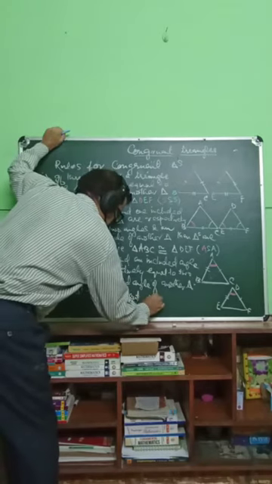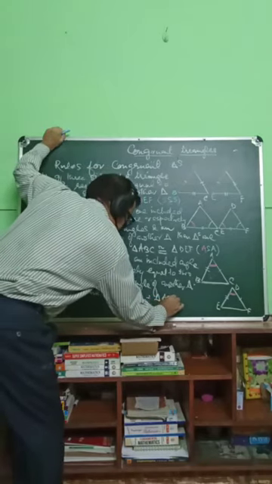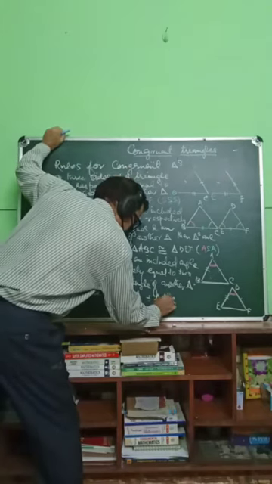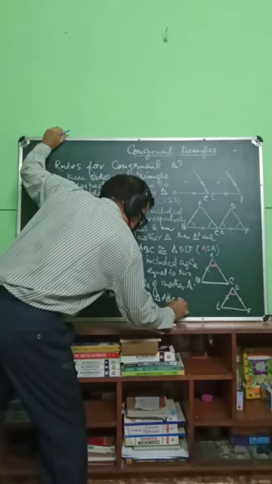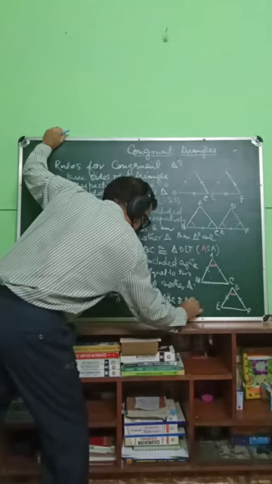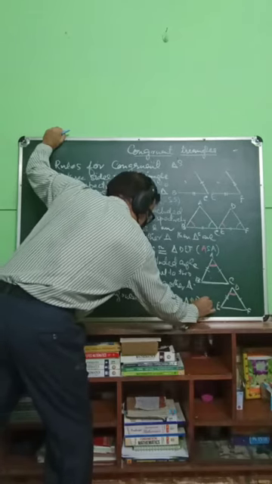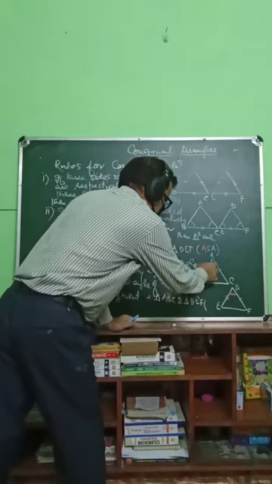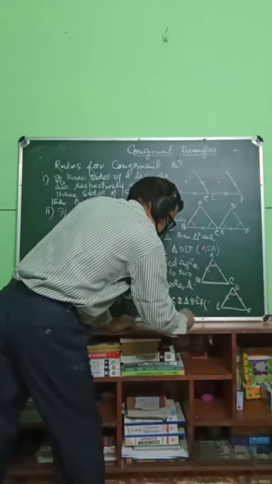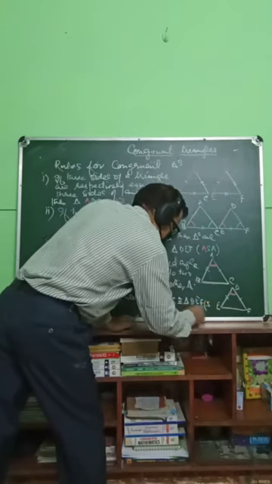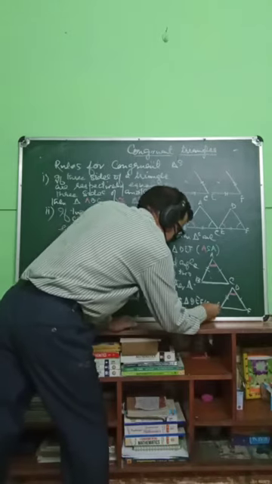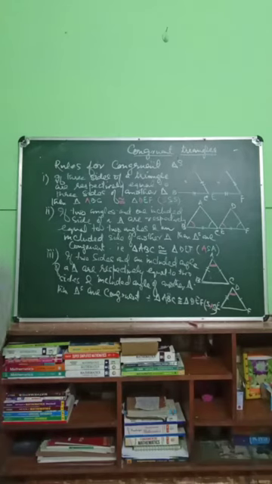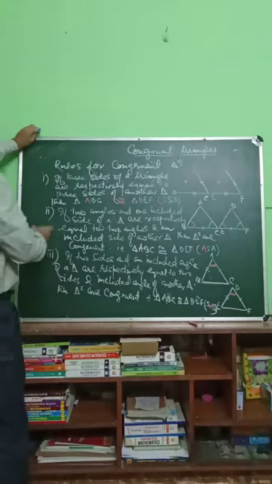Therefore triangle ABC is congruent to triangle DEF by side angle side. So these are three.